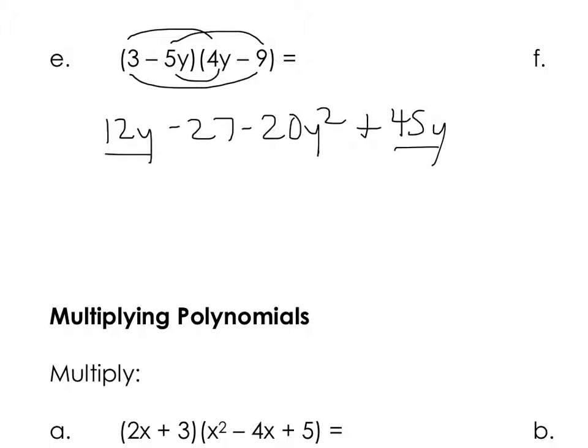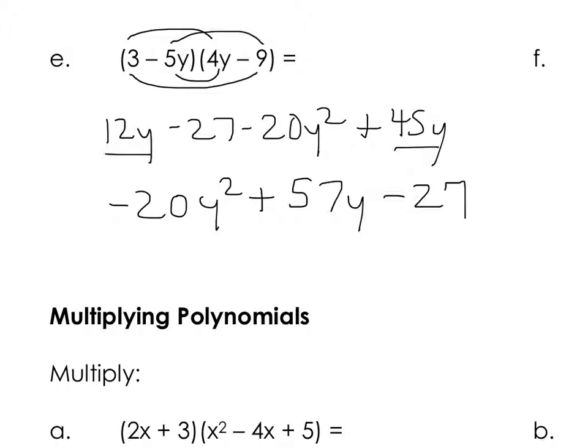It's our first and our last. Those are like terms. Let's write this in standard form. Let's put negative 20y squared, descending powers of y. Then we'll have 12y plus 45y, 57y, and finally minus 27.